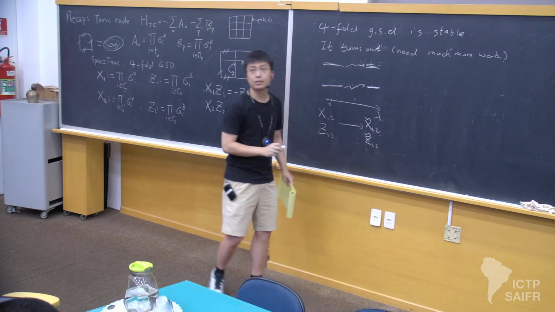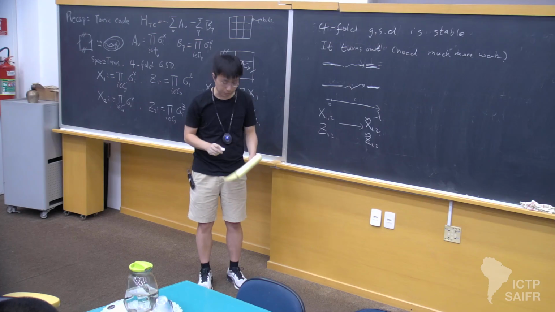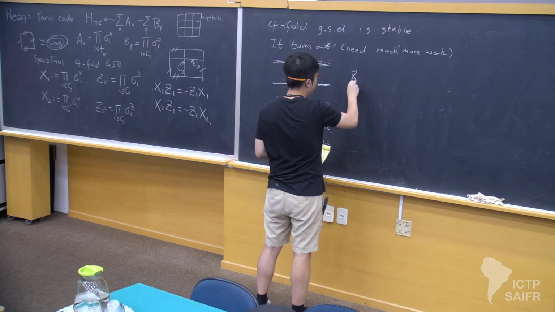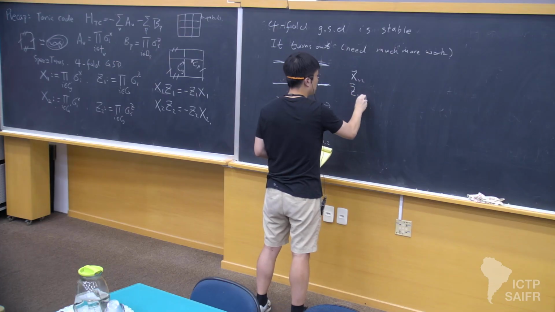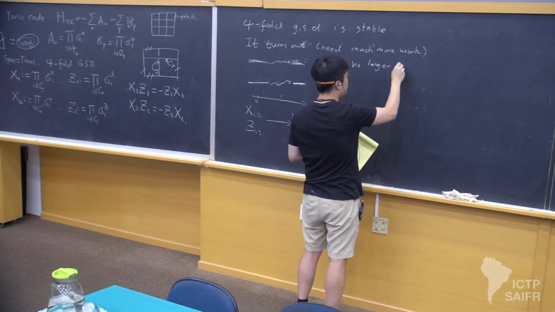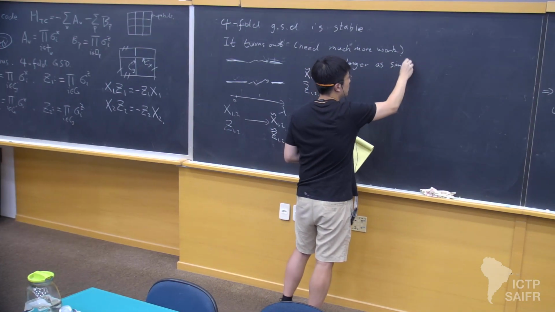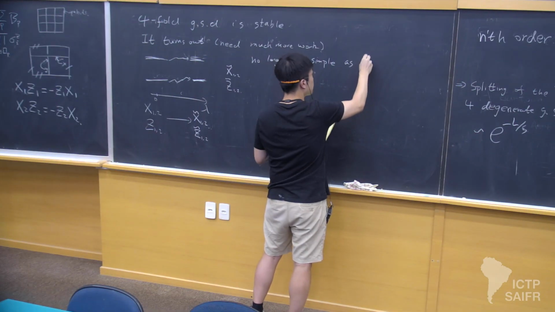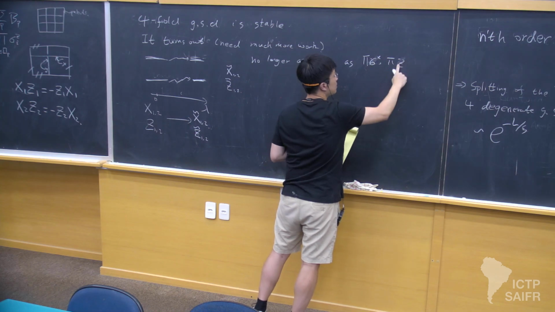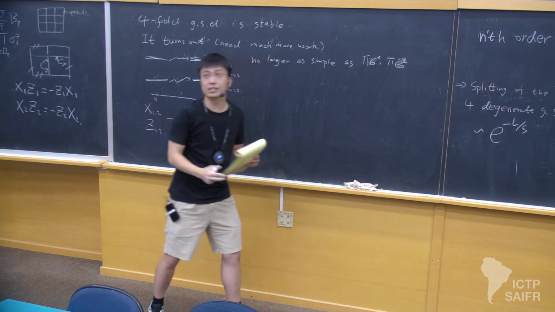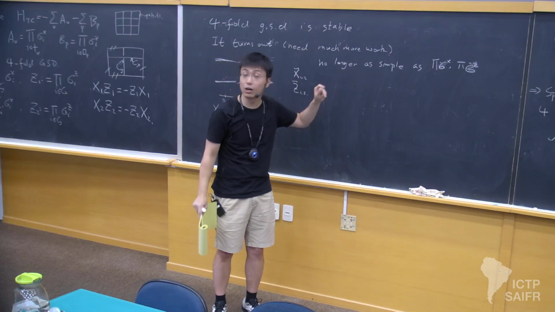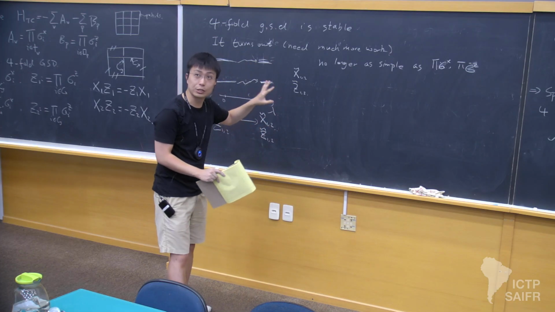Let me call them x tilde 12 and z tilde 12. They are no longer as simple as a bunch of Pauli operators sigma x, sigma z. In fact, the exact form of them generically is very complicated. It's very hard to write down explicitly, but one can show that they exist.